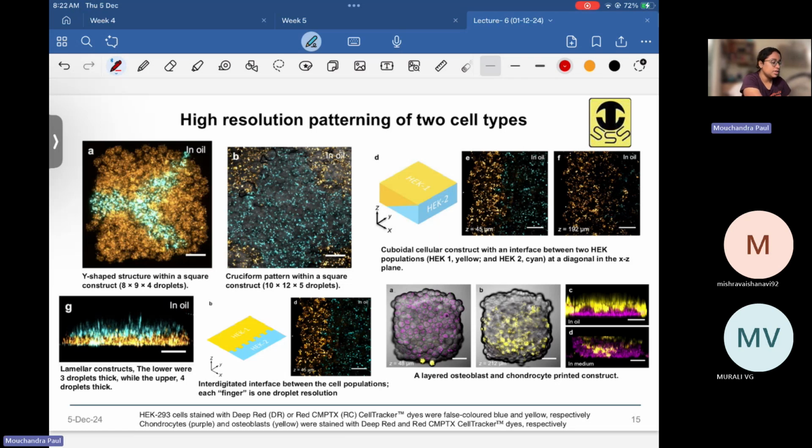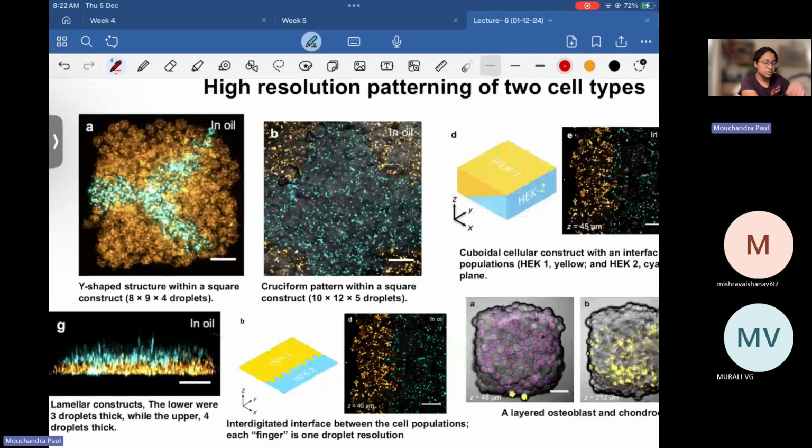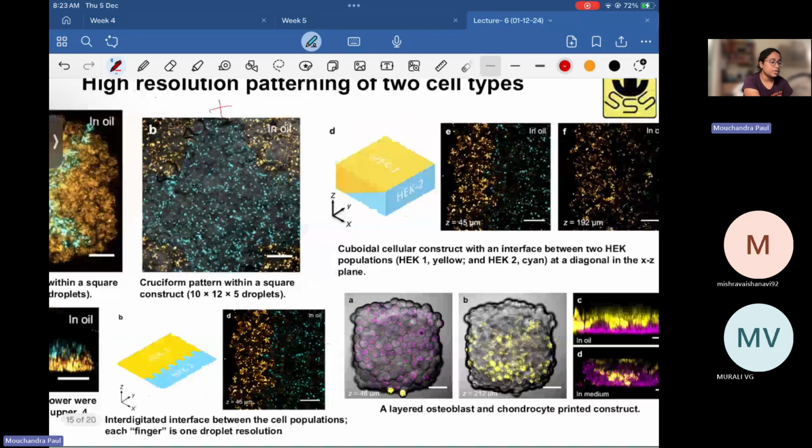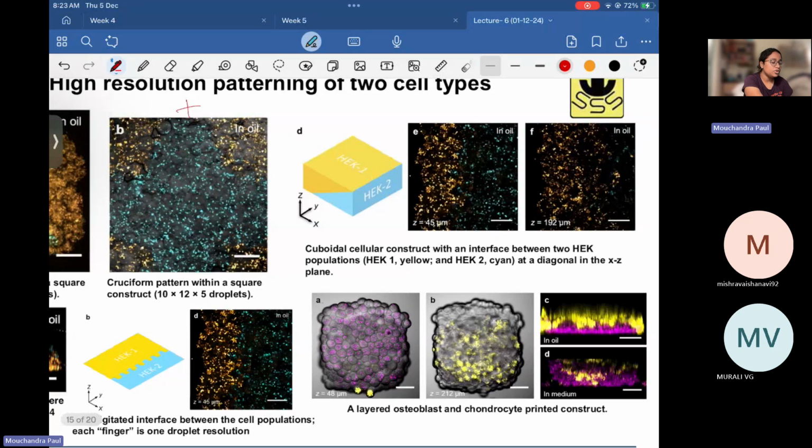So the first image shows that they have made a Y-shaped construct in a square within a square construct. You can see the blue colored HEK is forming a very nice Y shape within a block of square construct. Here they formed a cross, a crucifer, again in a similar way. Then they tried to make a 3D model like this, where the two populations of HEK, 1 and 2, are separated by this diagonal plane.